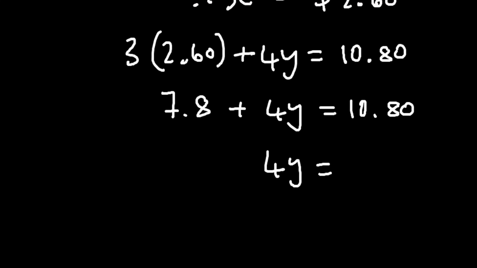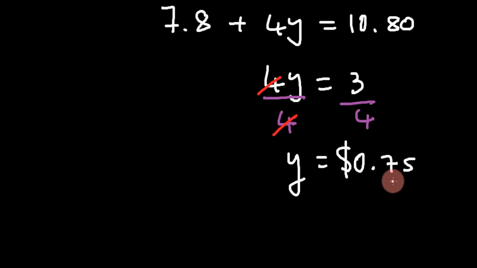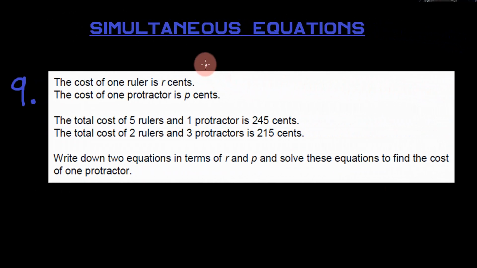And we get 3. So 4y is 3. Now we can divide by 4 on both sides. And we're going to be left with only y on the left-hand side. Y is 3/4, which of course is 0.75. So the cost of a pencil then will be $0.75.